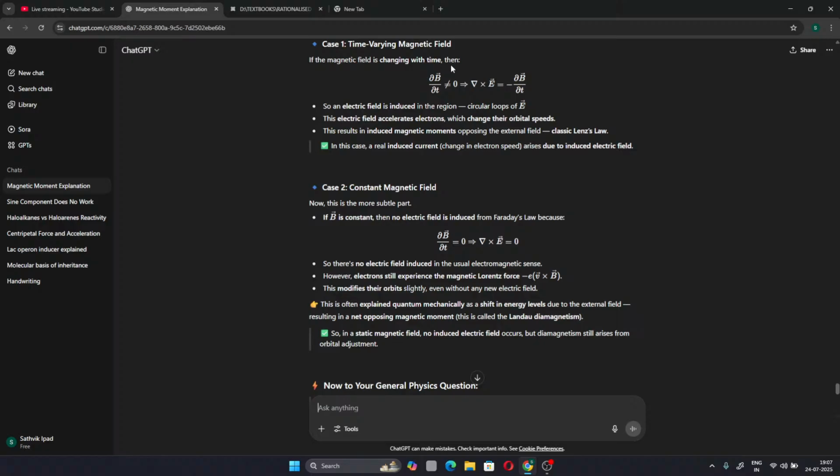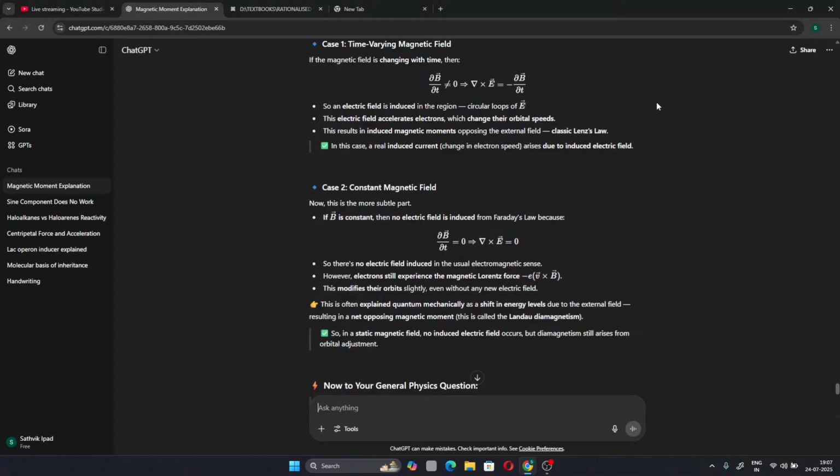If the magnetic field is changing with time, where the change in magnetic field with time is not zero, then this symbol, the inverted triangle cross product, equals the negative of the change in magnetic field per change in time, which gives us an electric field.